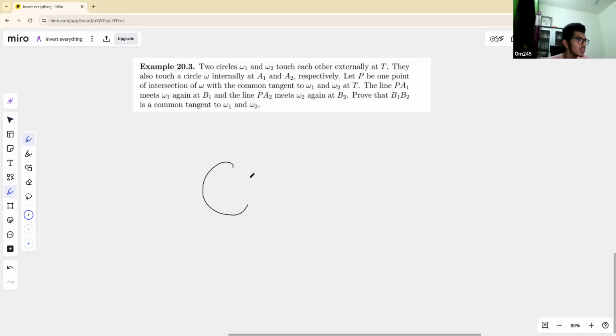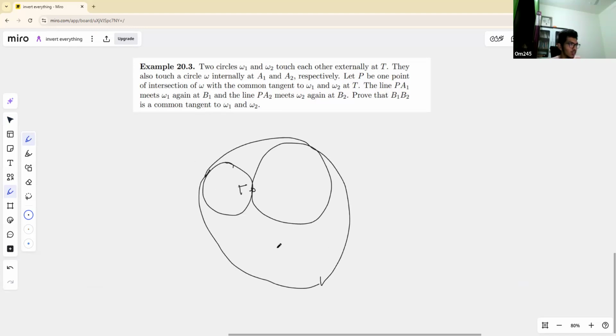So there are first circles omega 1 and omega 2, tangent externally at P, and also internally tangent to another circle. So this is omega 1, omega 2, and this is big omega, which is tangent to these small circles internally at A1 and A2.